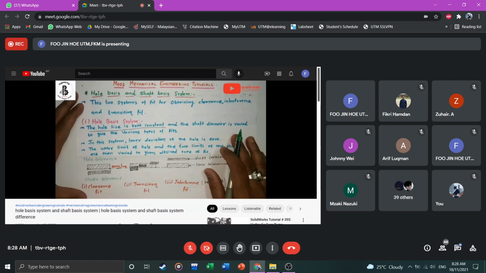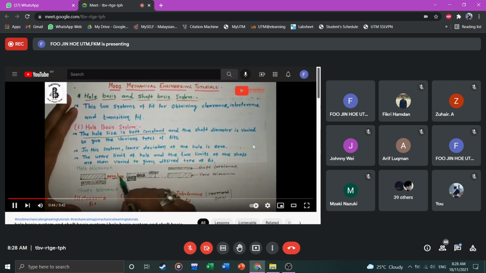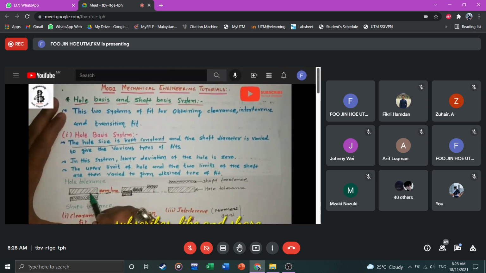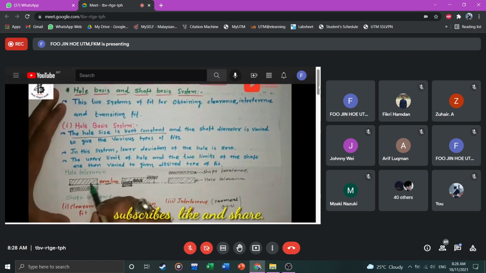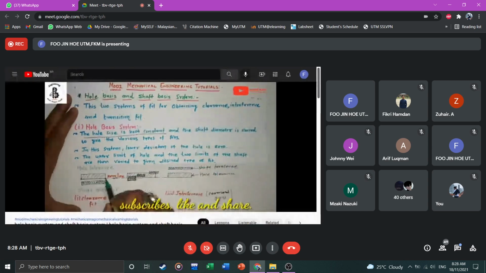For the hole basis system, you can refer to the diagram. That will be the zero reference line, and for hole basis systems you can see the hole tolerance, or hole size, will be assumed with zero lower deviation as the basic size.